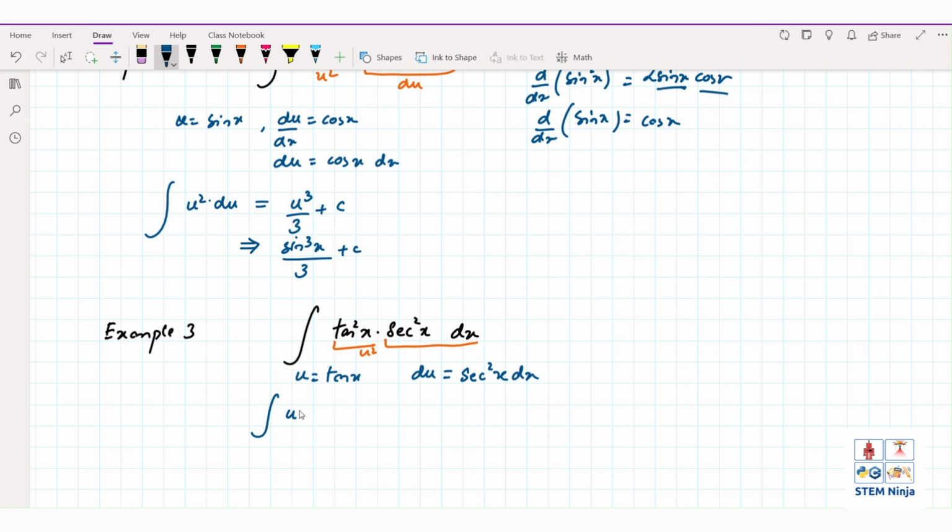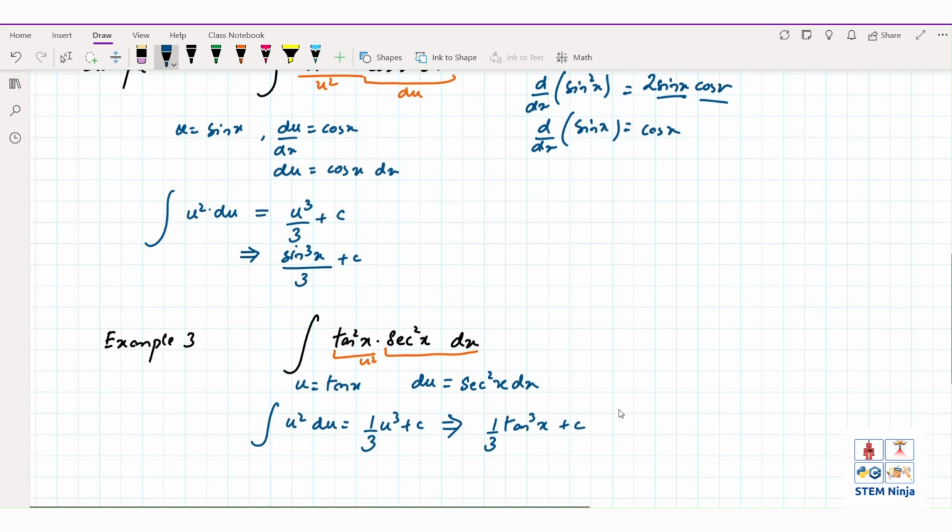So u squared du is simply 1 over 3 u cubed plus c. When you convert it back, this becomes 1 over 3 tan cubed x plus c. Straightforward. You could do the same operation with the reciprocal functions also.